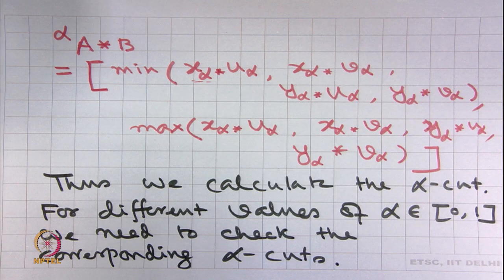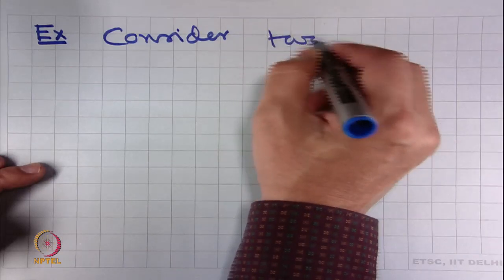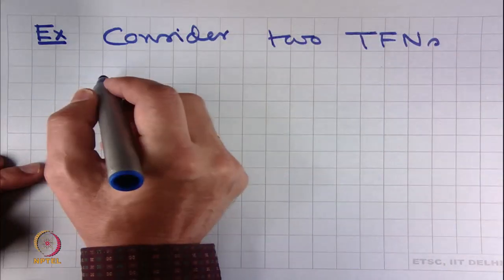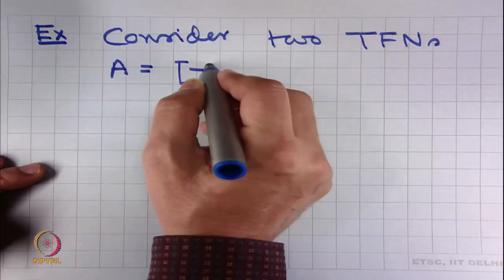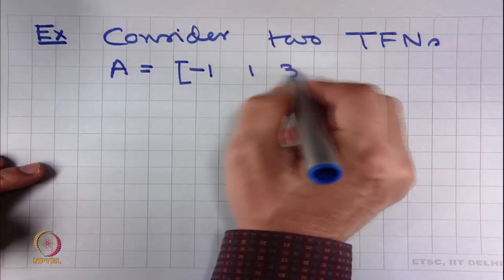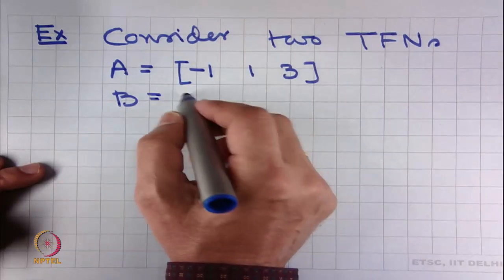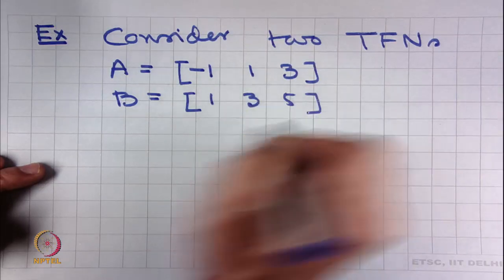Now, I illustrate this using an example. Consider two TFNs: A is equal to (-1, 1, 3) and B is equal to (1, 3, 5).